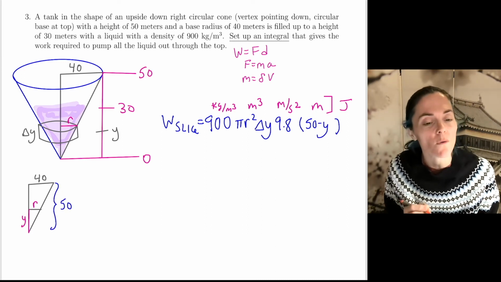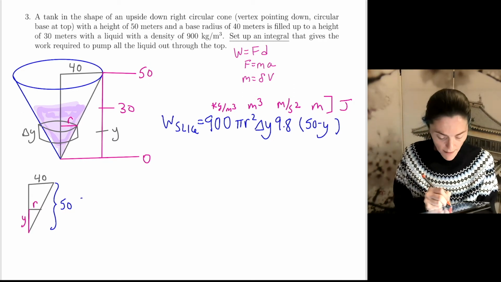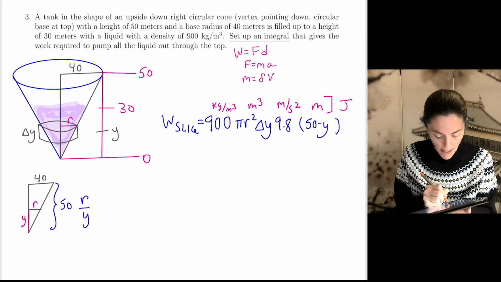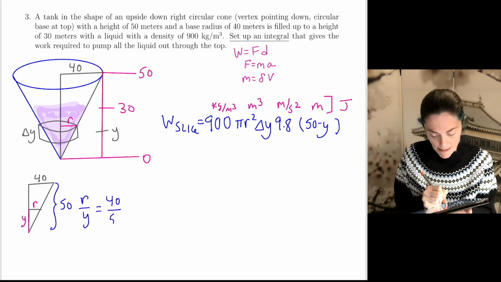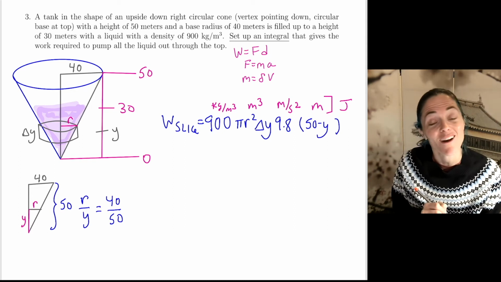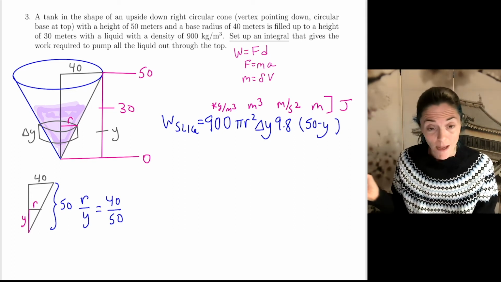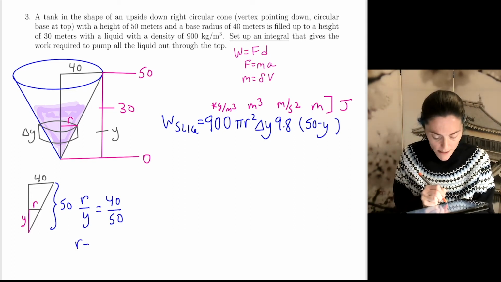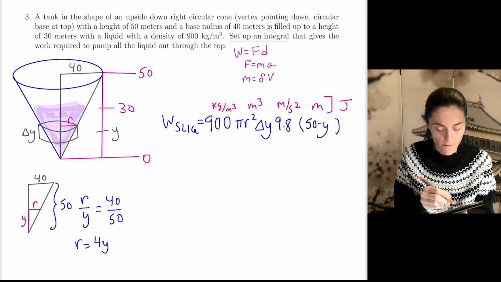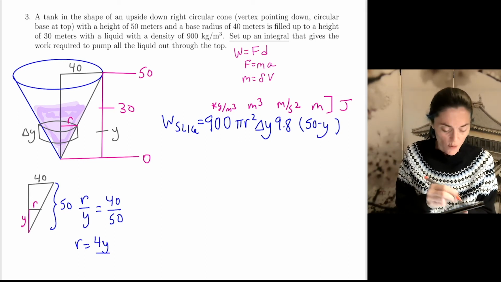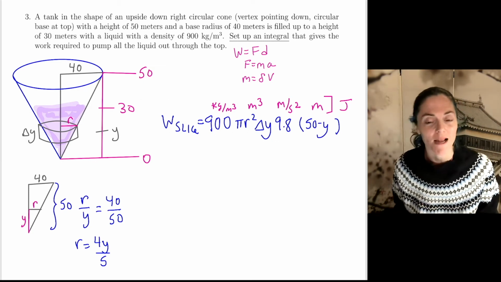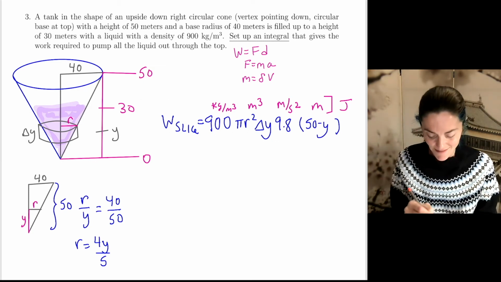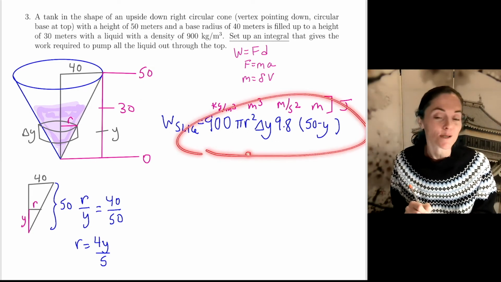So r over y equals 40 over 50. To get r as a function of y, just multiply through by y. We have r is 4y over 5. This is writing r as a function of y, which is what I needed to get this just in terms of y.